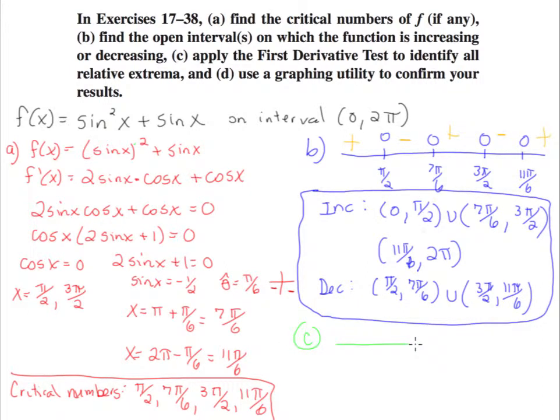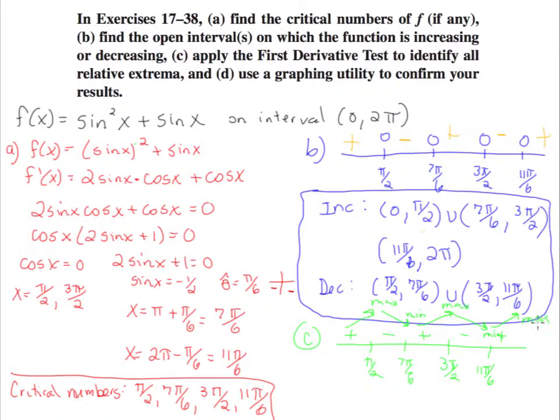Part C, use the first derivative test to identify your relative extrema. So we're going to start by, again, looking at our sign table that we have from part B. And recall that when the interval in which the function is positive, we're increasing, and when we're negative, we're decreasing. And when we switch from positive to negative, that's a maximum.